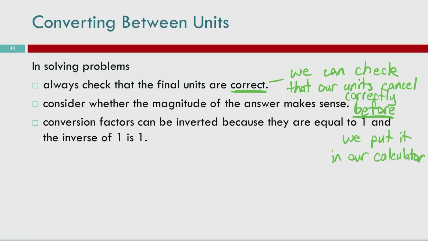So if you write out your whole calculation and you look through and you're canceling out your units and you say, ooh, I didn't cancel these units out correctly, the likely thing that happened is one of your conversion factors was just the wrong way. You flip it. You go through and check your units again. Okay, we got the correct units out.